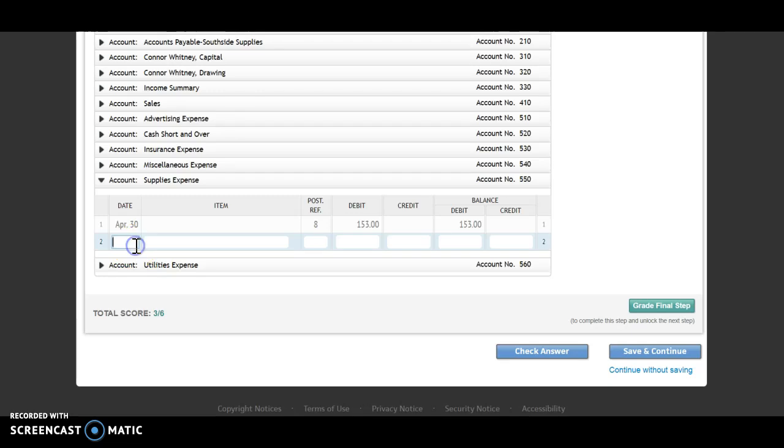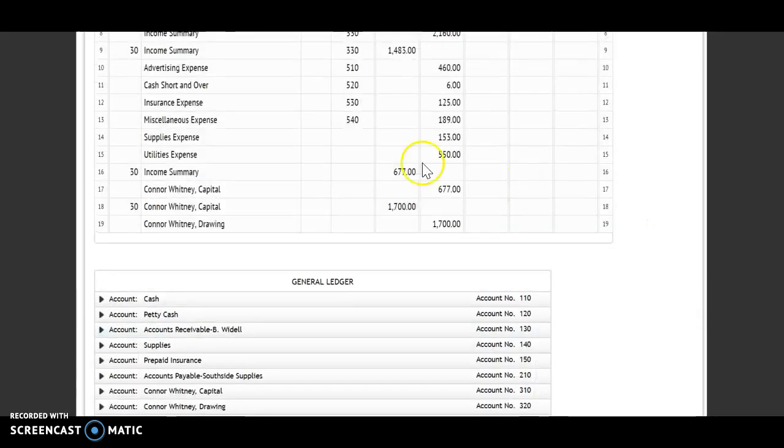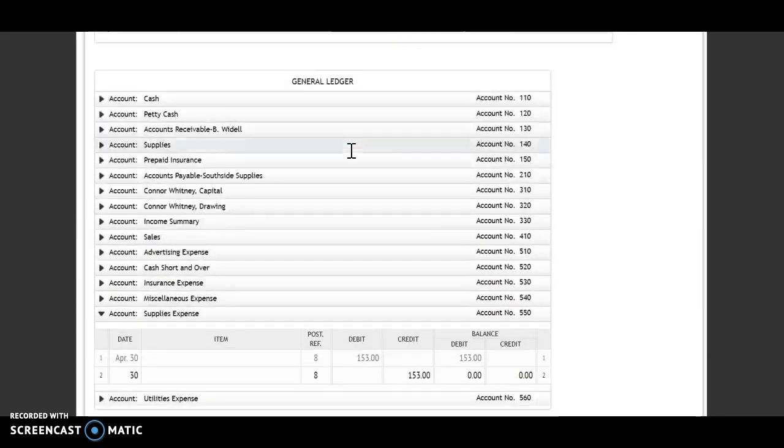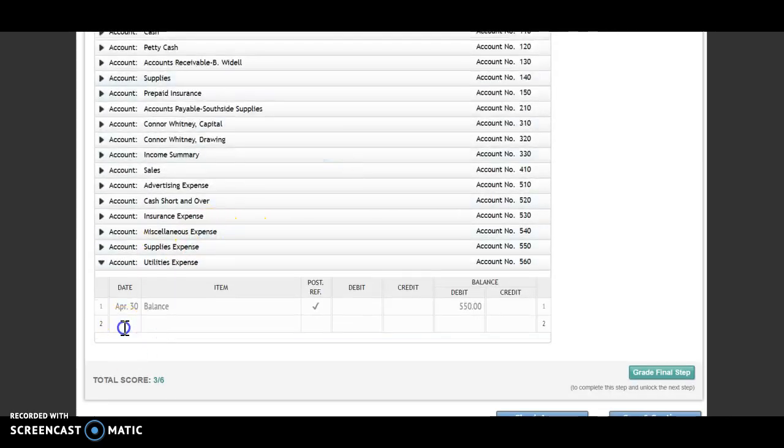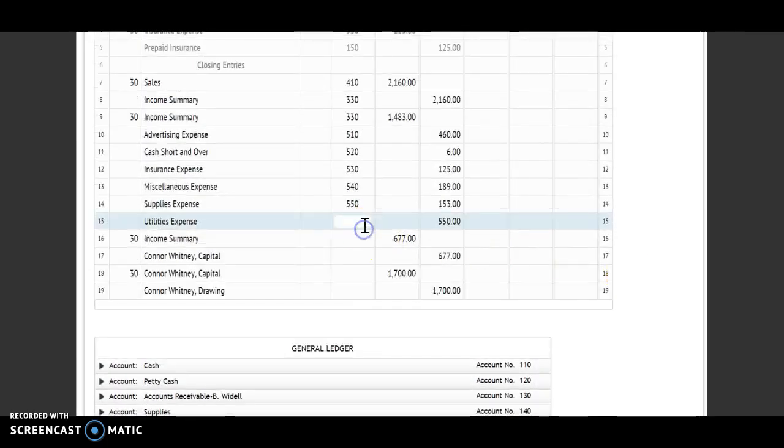Supplies expense, 30th, 8, credit of $153, and I have a 0 balance. 550 back to the journal. Utilities expense, 30th, page 8, credit $550, 0 balance. 560 goes back up.